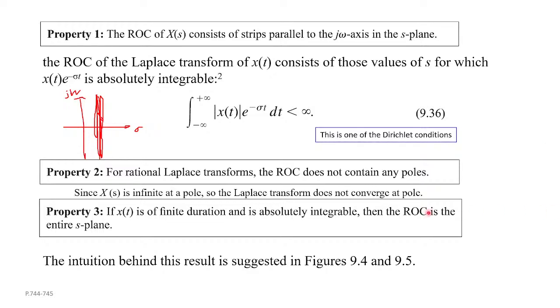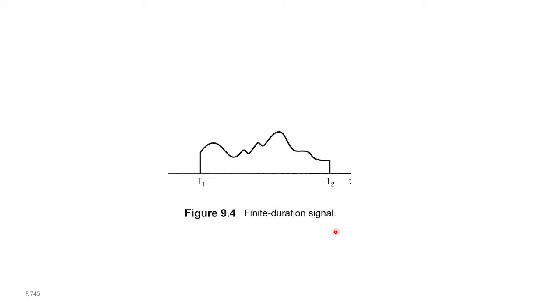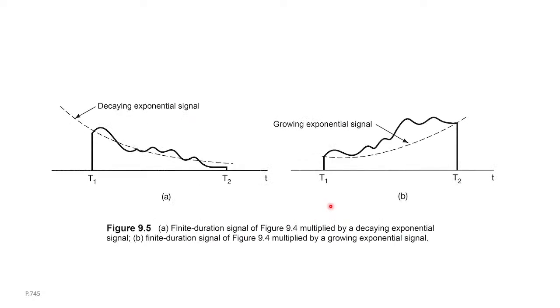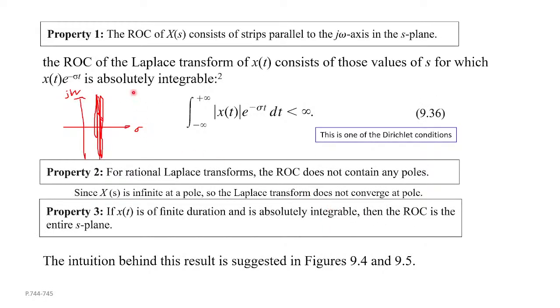Okay, so 3 says that if your function is really nice, so it's bounded at both sides, then the ROC will be everything. Once again, 3 to 6 are all basically building on property 1. So you think about whether the Fourier transform of this thing will converge. This is x of t times e to the minus sigma t, whether you can actually get a convergent Fourier transform.